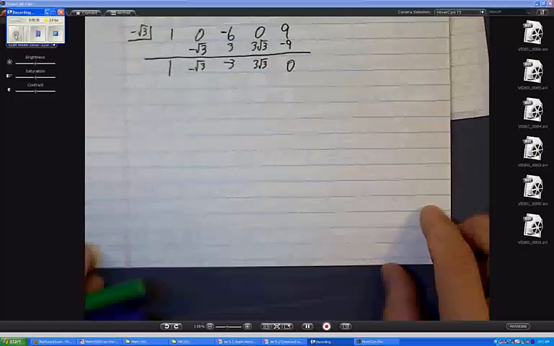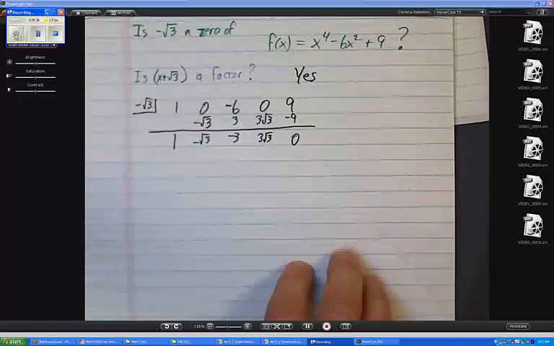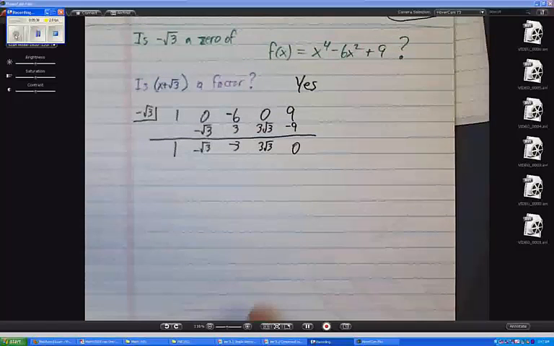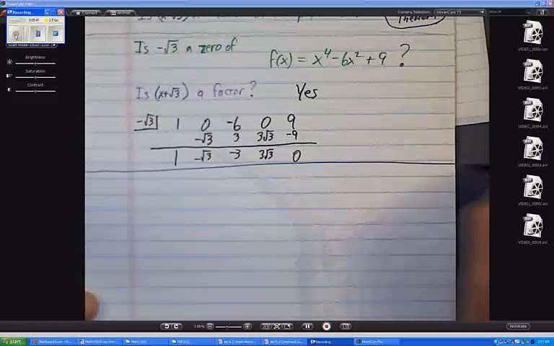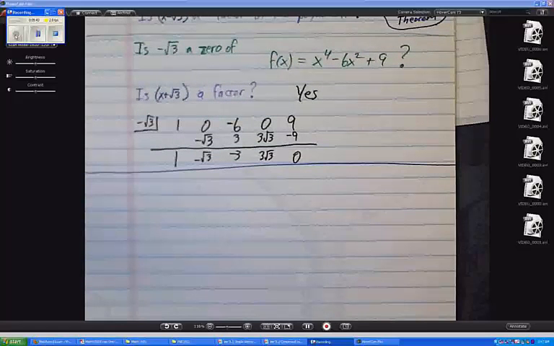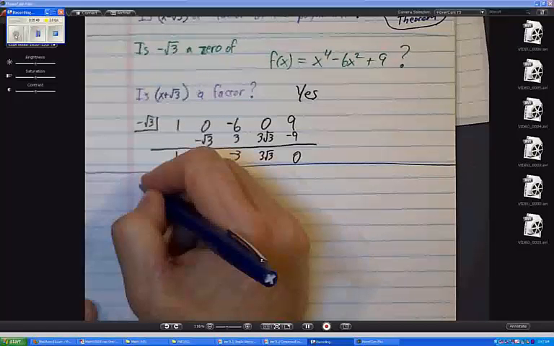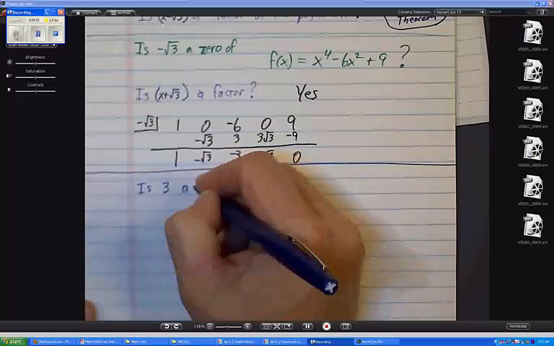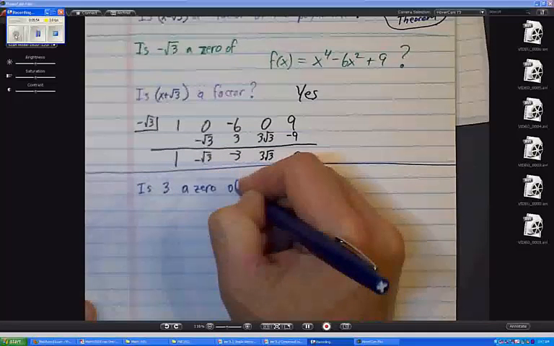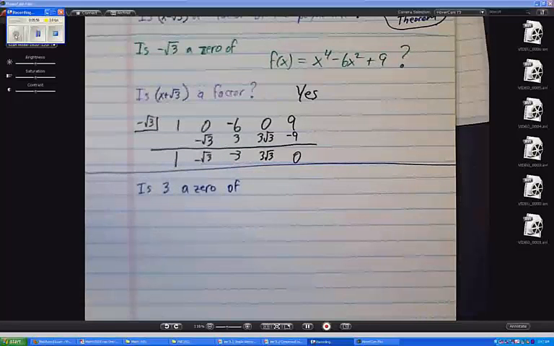Moving on, I want to show you an example of a harder problem. Because there were some that were not so friendly. So let's ask this one. Is 3 a 0 of this polynomial?